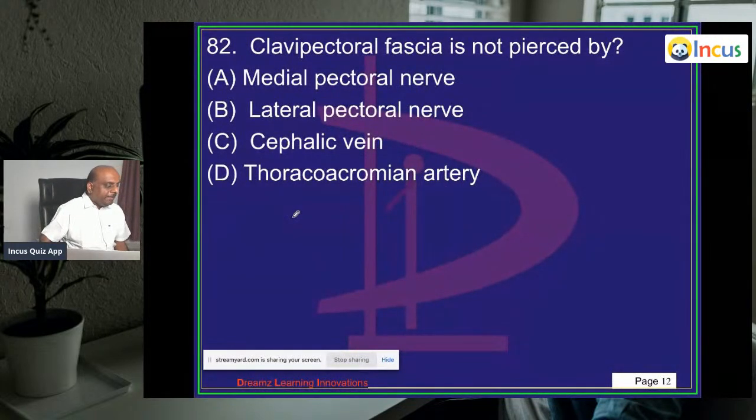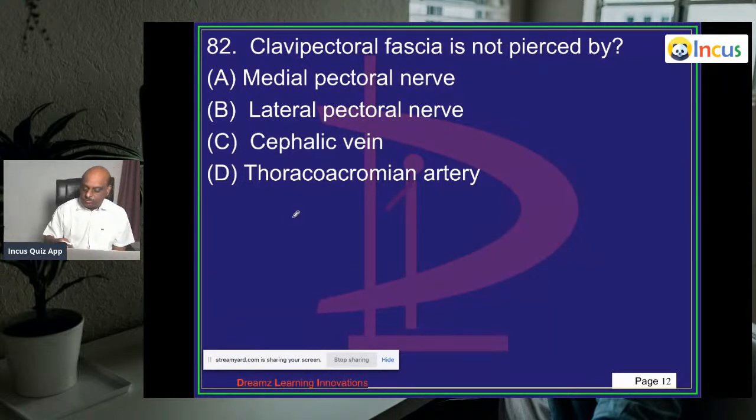Come on, let me give this question as a quiz for all of you. Clavipectoral fascia is not pierced by. Punch your answers, doctor. Please punch your answers. Clavipectoral fascia is not pierced by.